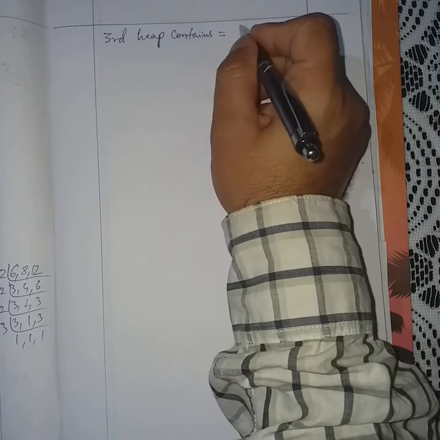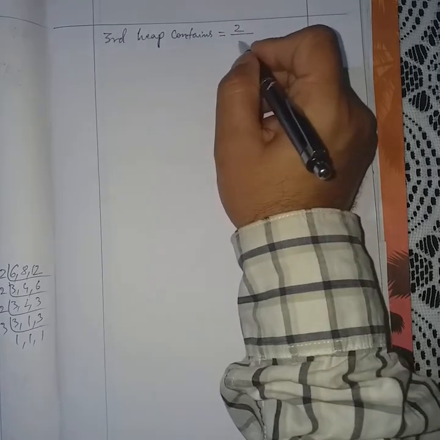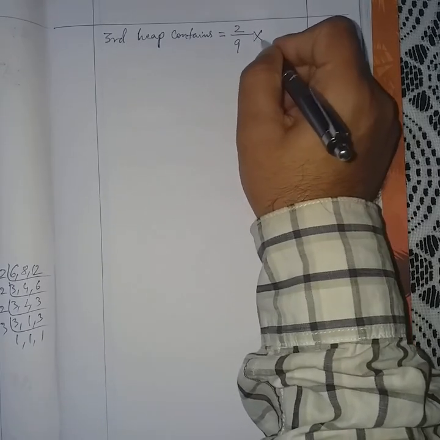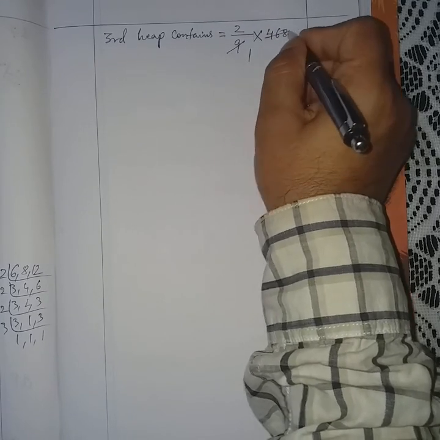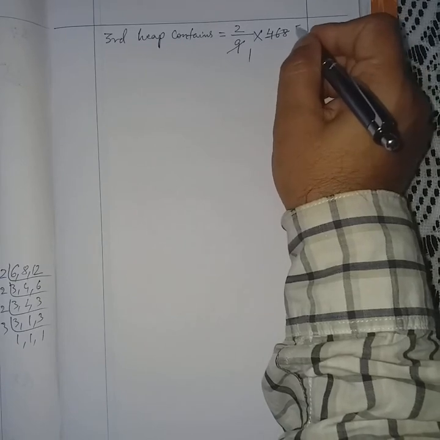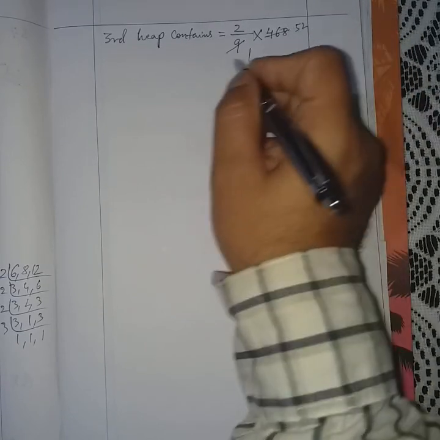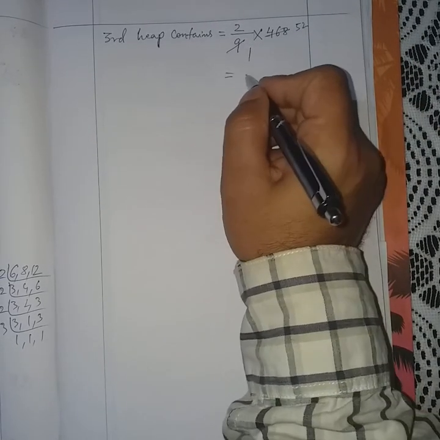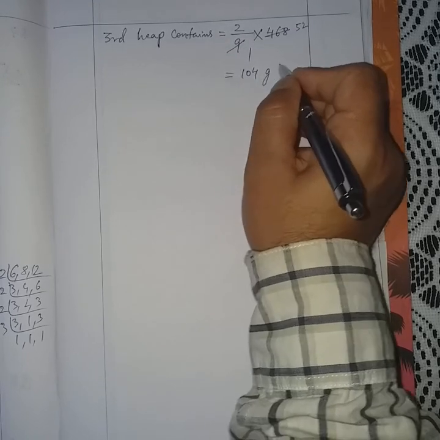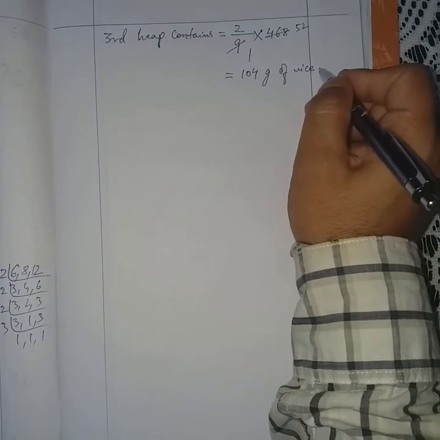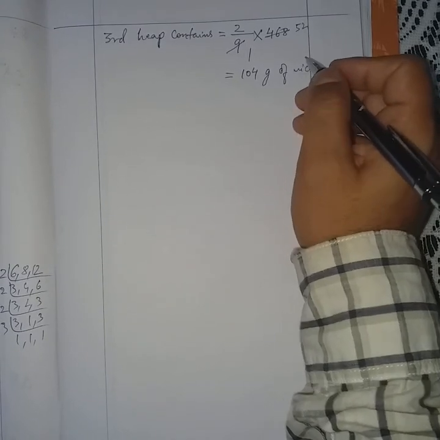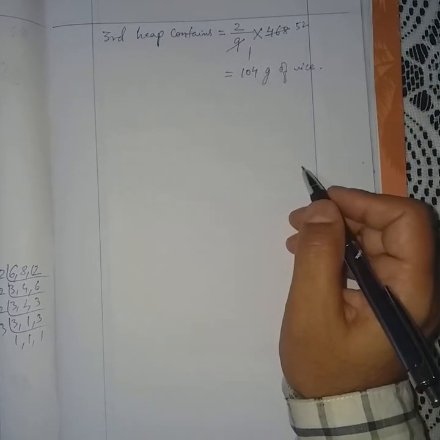For the third heap the ratio we got is 2, and the sum of the ratio is 9, and the total quantity of rice is 468. Again 9 ones are 9, 9 fives are 45, 9 twos are 18, 468. 52 into 2 is 104 gram of rice. Okay, so this is question number 9. Next we will do question number 10.